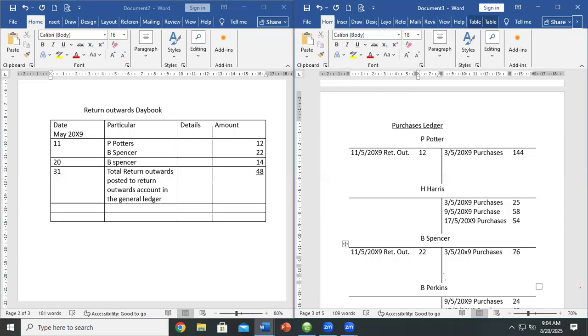On the 20th is the same B Spencer, right? So 20th May 20X9, another return outwards to this supplier Spencer. How much? 14. So you have recorded for the suppliers. What is left is the total. So the totals, you go to your general ledger, again, open return outwards account.